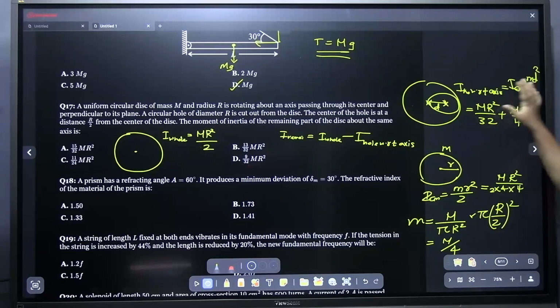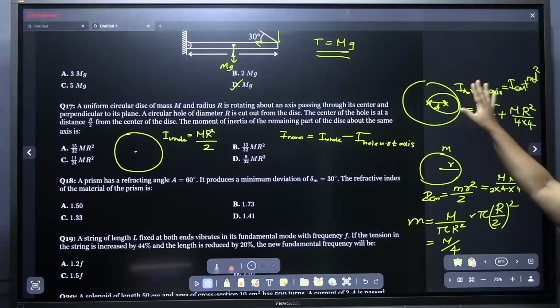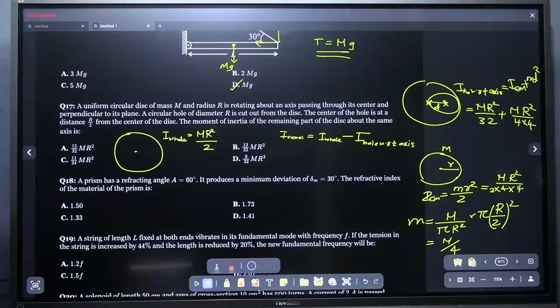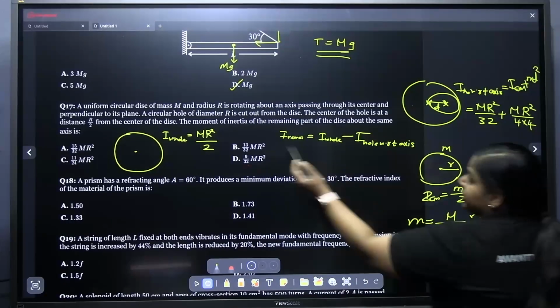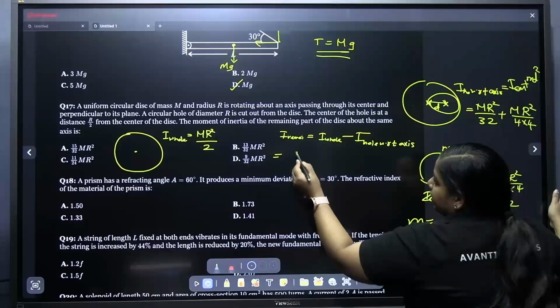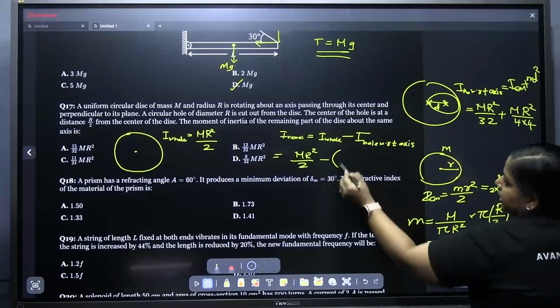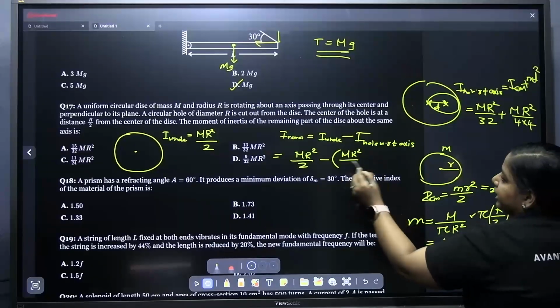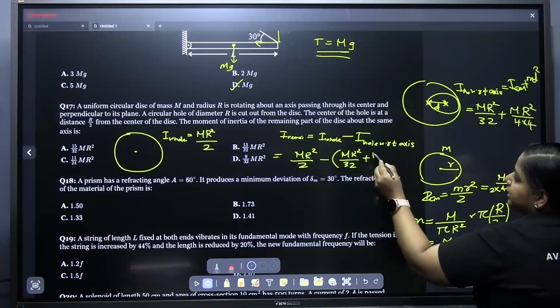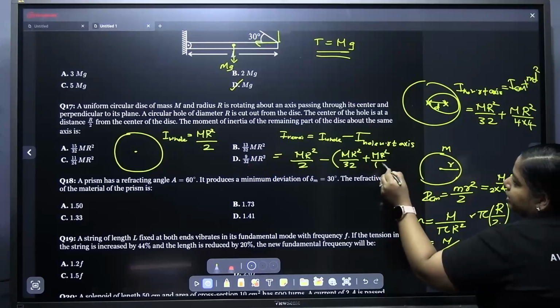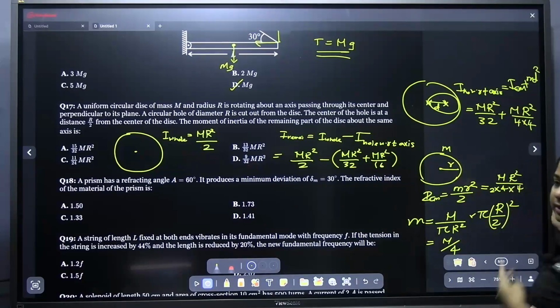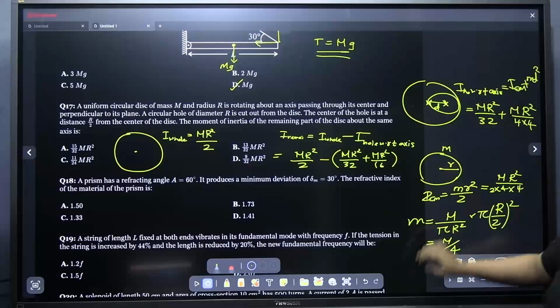This will be the moment of inertia of the hole with respect to the axis of rotation. Substitute it here, and you will get m r square by 2 minus m r square by 32 plus m r square by 16. This will be our answer.